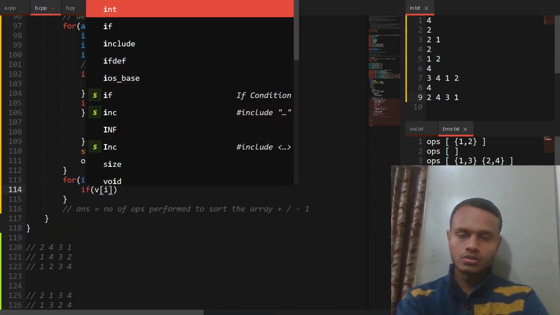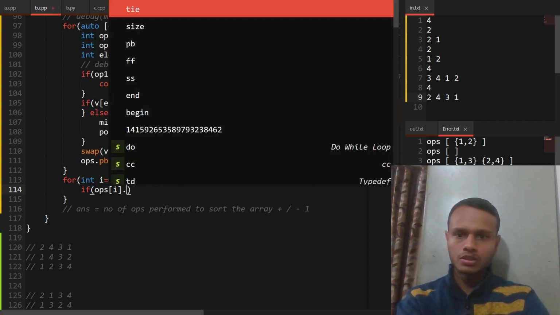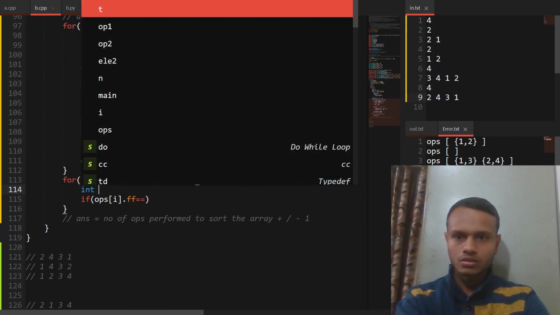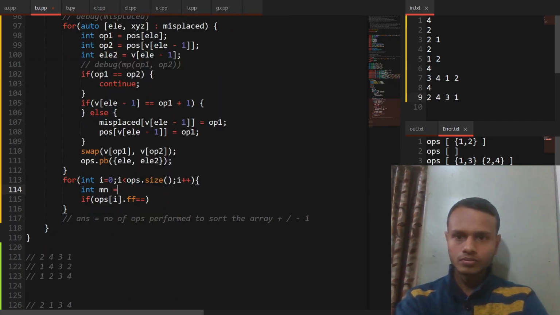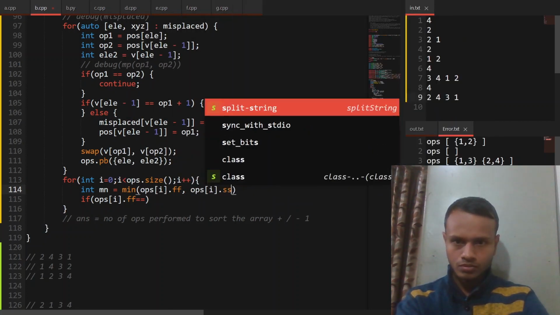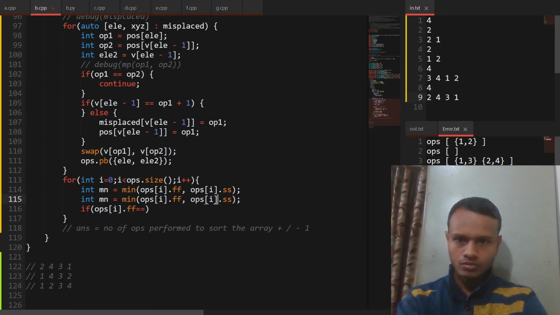If min max, then mx minus mn is equal to 1.